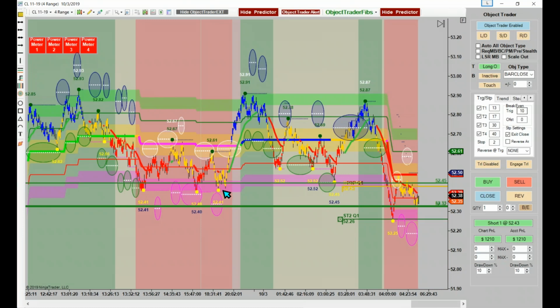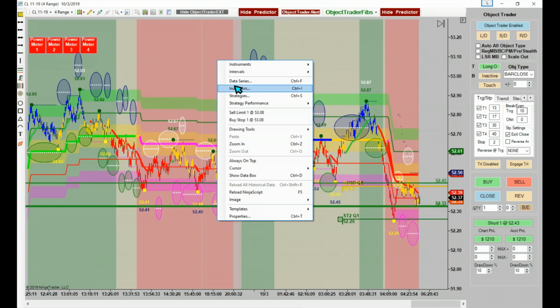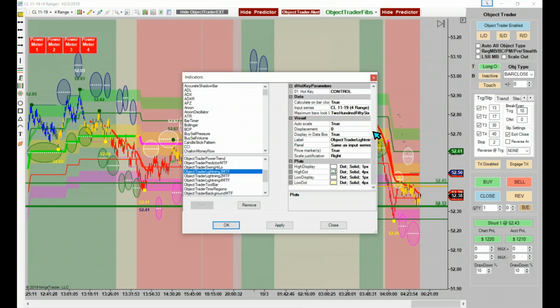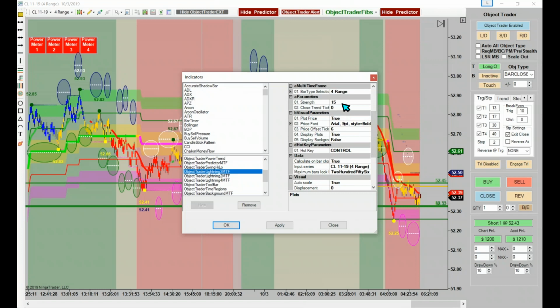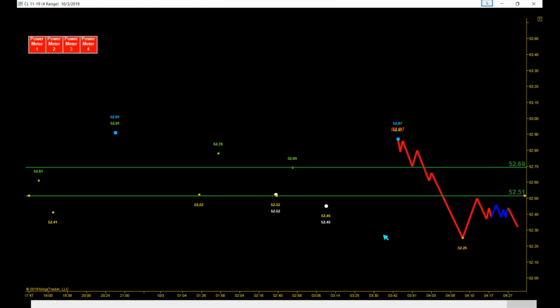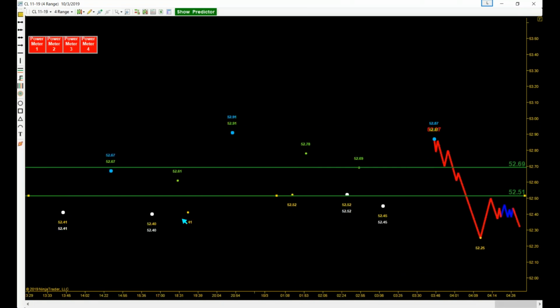In other words, they draw fairly quickly because all they're looking for is 15 swing strength. That's what the indicator is set at. So if you go to your indicator, lightning 3, see it's set at 4 range 15 swing strength. So 15 swing strength is actually this chart right here.